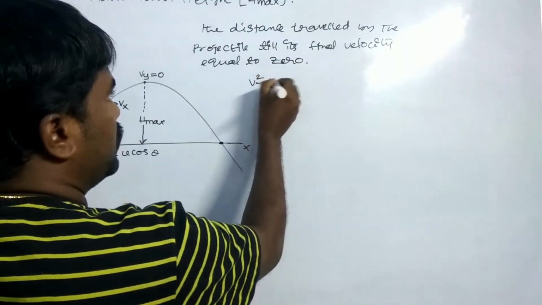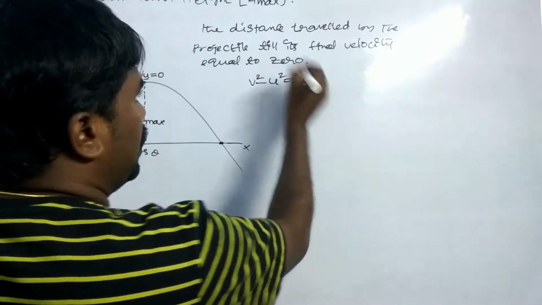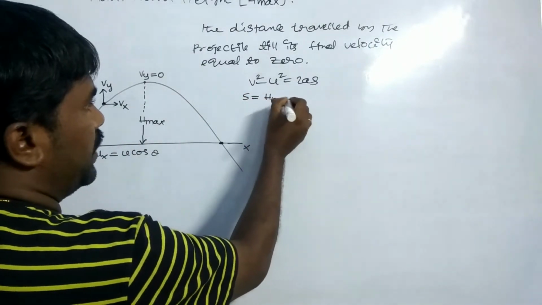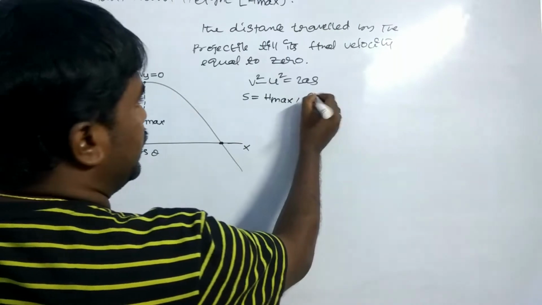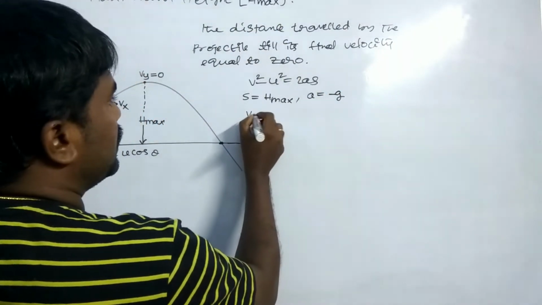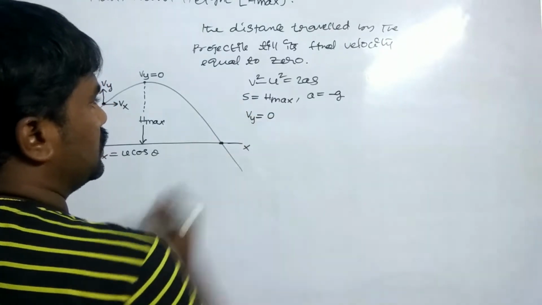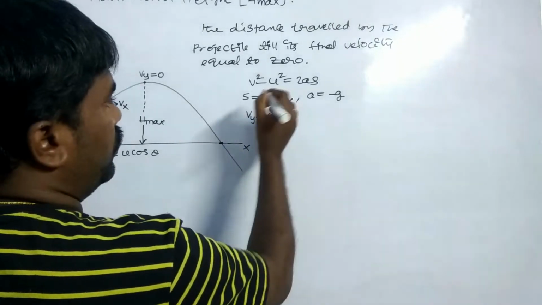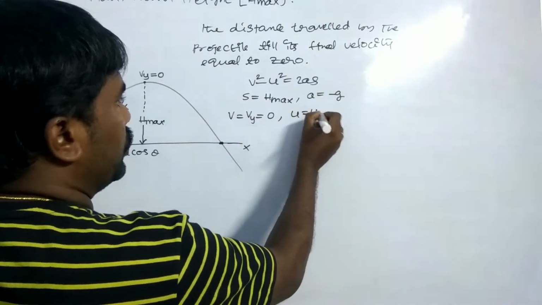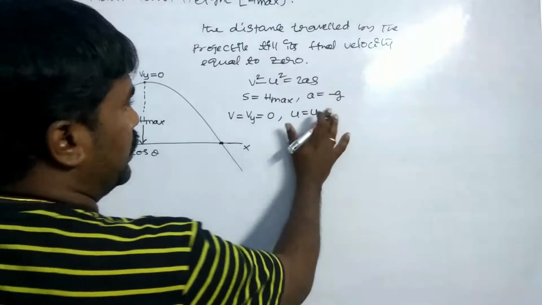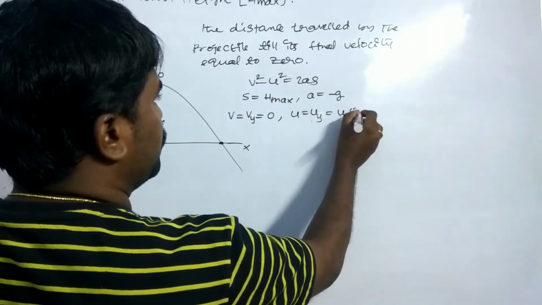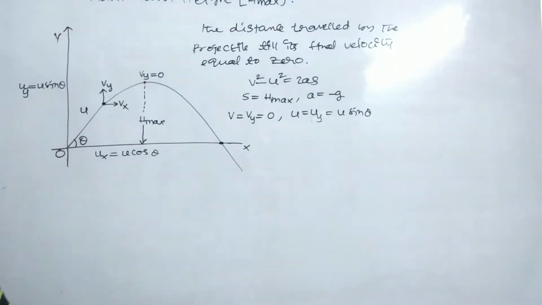From v square minus u square is equal to 2as. This is the law of equations of motion. Here s is equal to maximum height, that is h maximum, a is equal to minus g in the vertical direction, and v is the final velocity along the y axis, vy, which is equal to 0. So here v is equal to vy, and u is equal to uy, which is equal to u sin theta. So these are the values you have to substitute here.